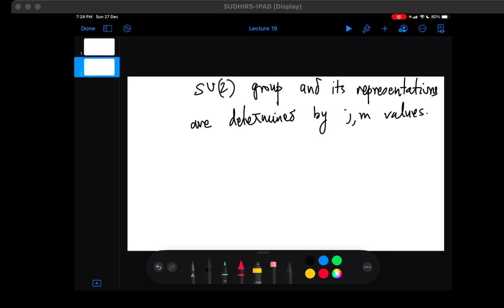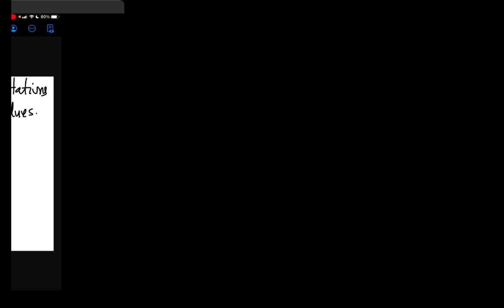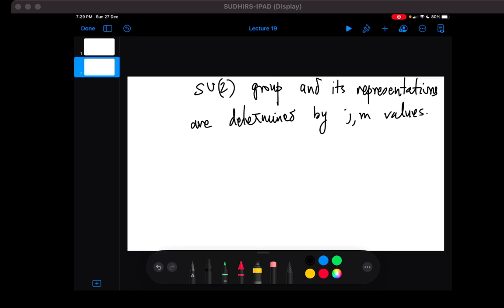Now, the representations which we have chosen so far, the examples we have seen, are for J equal to half, which is the fundamental representation, and then J equal to 1, which is the spin 1 representation.